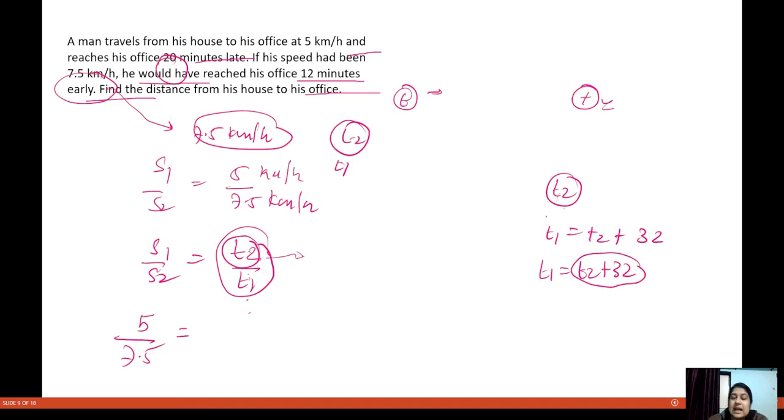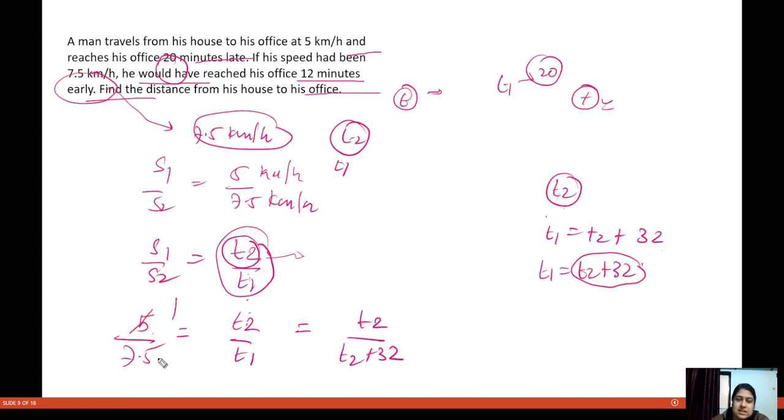Are you getting this? How? Because this t1 is reaching 20 minutes late and this one is reaching 12 minutes early. So we can write t1 is equals to t2 plus 32. Now t2 by t1 is this ratio, and this is t2 only and this is t2 plus 32. Now we can do our calculation here.